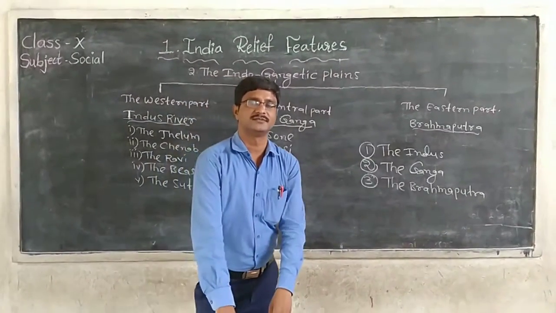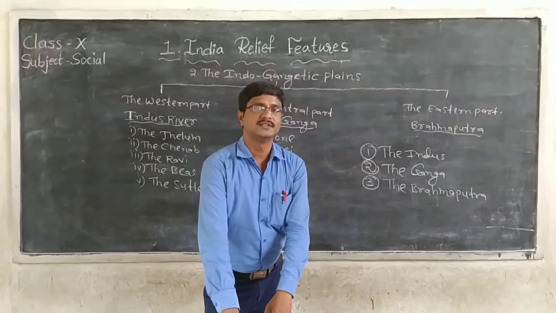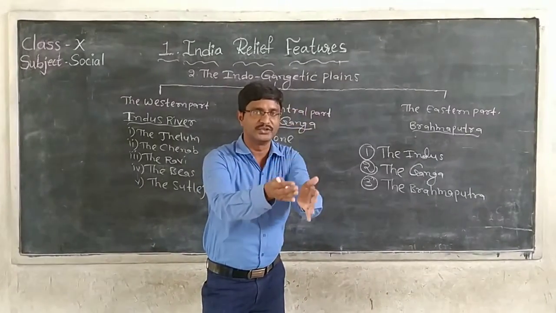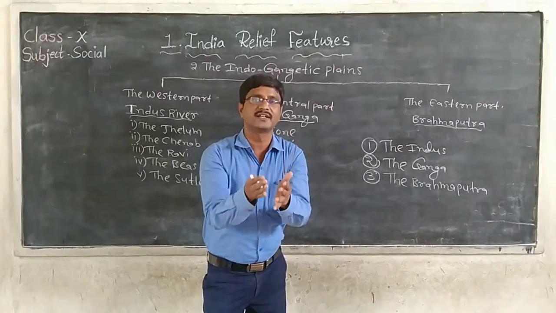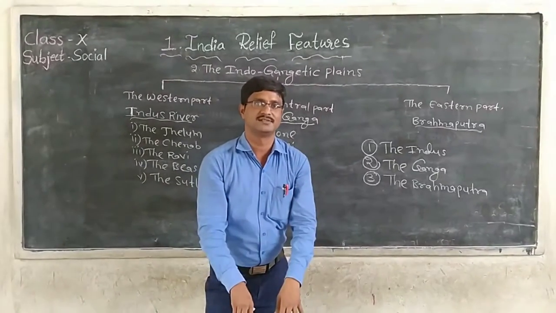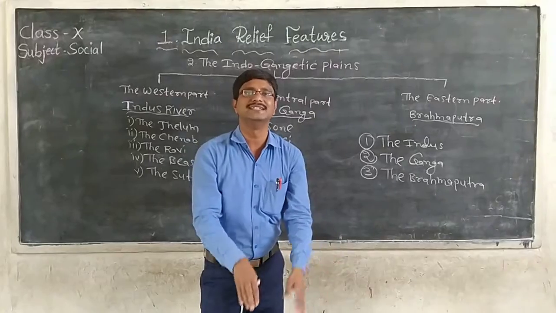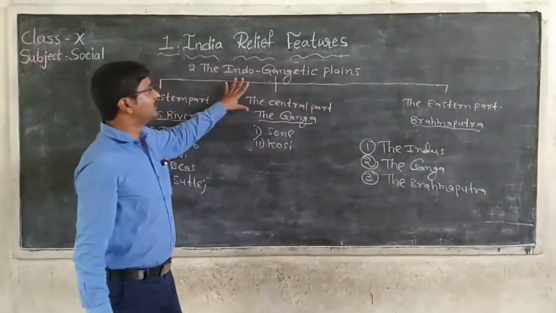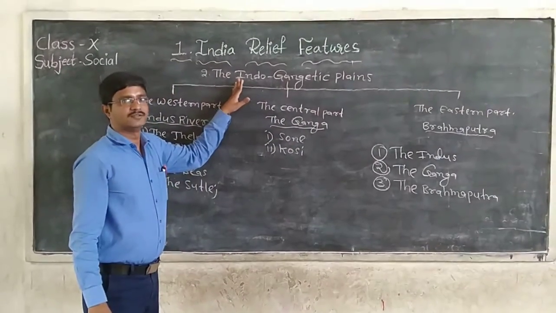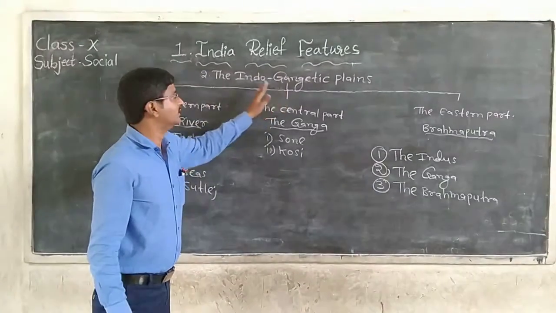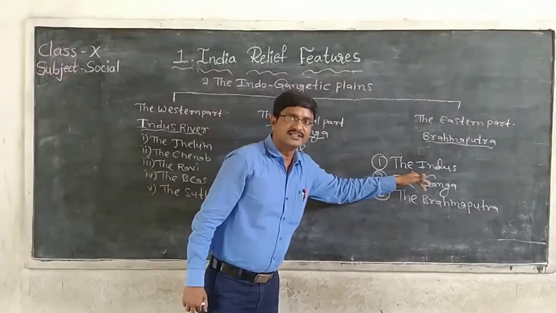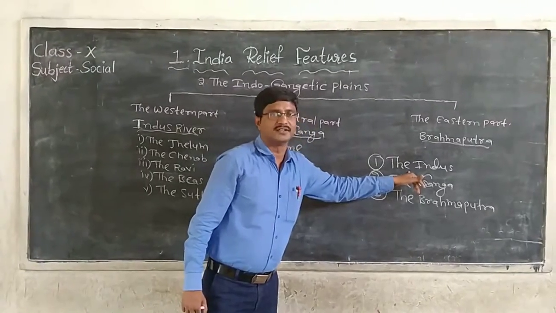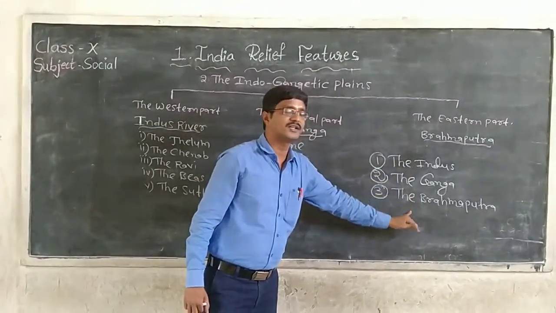Just now we have learnt that while the Himalayan rivers flow down, they bring lots of silt and different kinds of alluvial soils. Because of those soils and silt, what region formed? Plains region formed, the Indo-Gangetic plains region. Here, Indo-Gangetic plains means the region formed because of the three Himalayan rivers, the Indus, the Ganga, and the Brahmaputra.